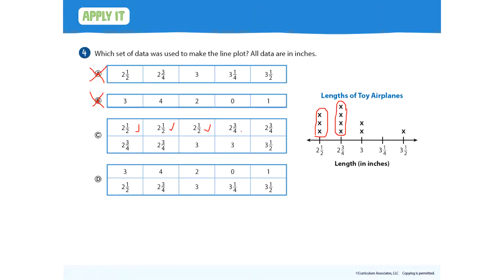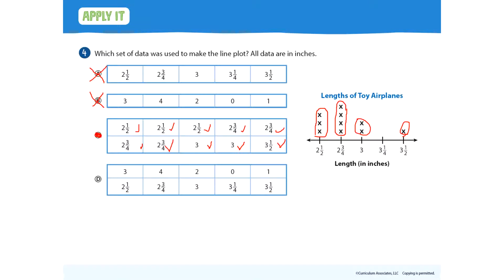I look here and go, yep, 1, 2, 3, 4. Oh, yay. Now I need 2 3s, because that's what I have here. Yep, 1 and 2. And I've got no 3 1/4, and I've got 1 3½. So it's got to be C. C has to be my correct answer.